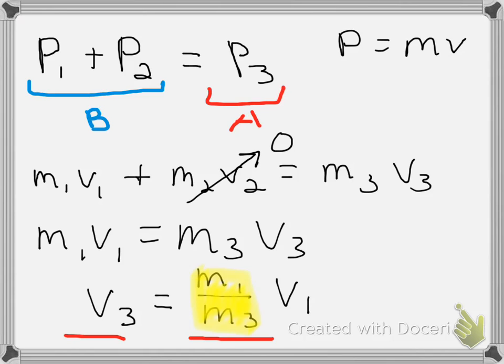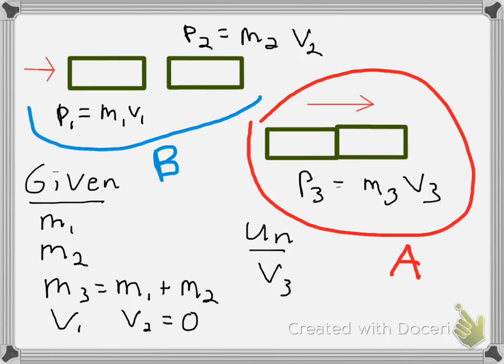So M1 over M3 is some sort of fraction that's going to be applied to the velocity, and what this actually says is that the final velocity is going to be less than the initial velocity, and that makes perfect sense. If you saw a train car hit another train car, the second one being at rest, and they sped up, that wouldn't make much physical sense to anybody. There's no sort of engine pushing it. If we're going to assume that it's on a level plane and not some sort of hill, it makes no sense for the system to speed up.